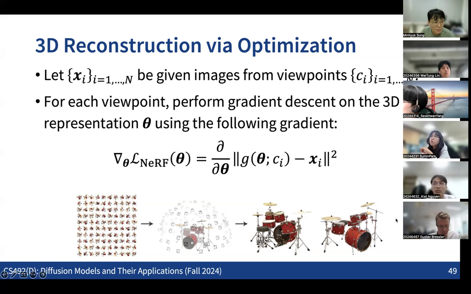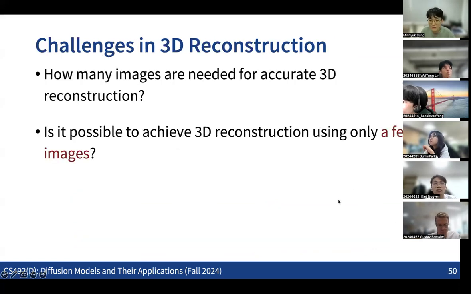Given this basic idea for 3D reconstruction, obviously there are lots of challenges. One of the challenges people are investigating is how we can reduce the number of images needed to get accurate 3D reconstruction outputs. Obviously, when you have more images from very different viewpoints, we will be able to get more accurate outputs.